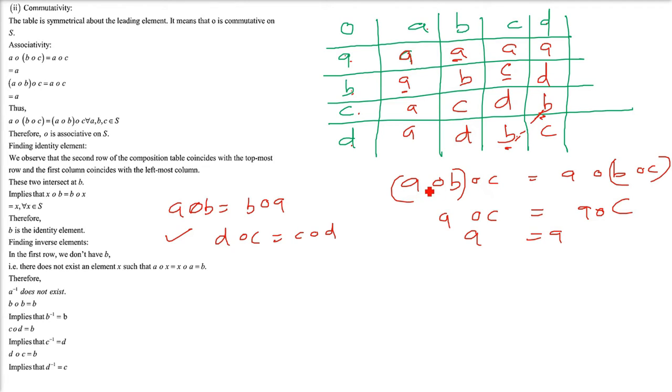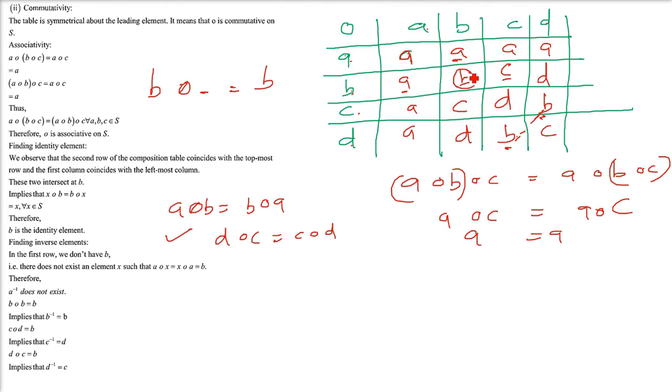Now you see what is the identity element. See the row or column. Identity means when we operate any value with this identity element, that value should come back. So if you operate this B with any element, we'll just find out the identity element.